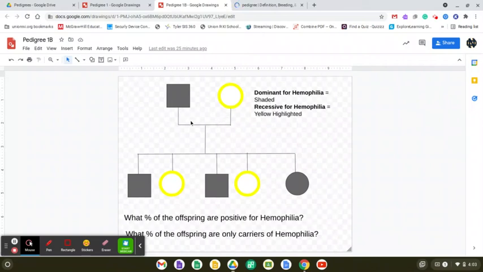When they come together and have their children, we are looking at which of these children is actually going to have the disorder of hemophilia. The father is going to pass that on, and so is the mother. So all of the boys are going to have it. If it's up here, it's going to be passed on to the boy. So both of these boys have the hemophilia blood clotting disorder.